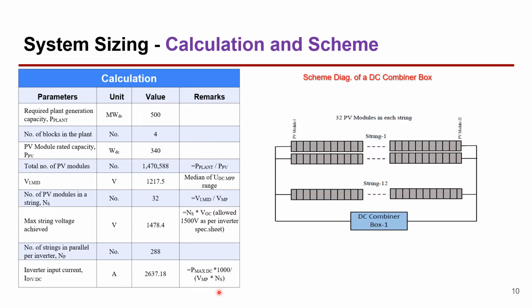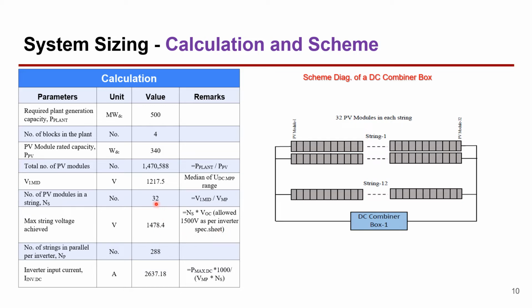Now, further, based on the median of the MPPT voltage range for the inverter, which is 1217.5 volt, and the optimal operating voltage of the PV module, we have derived the number of PV modules which can be connected in series to form one string, which is 32 PV modules.